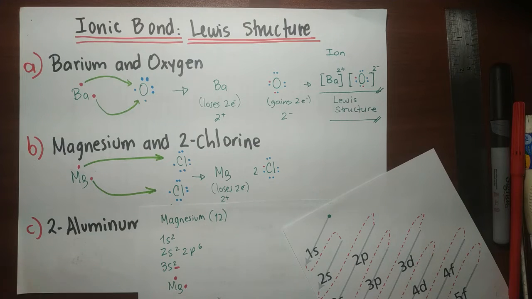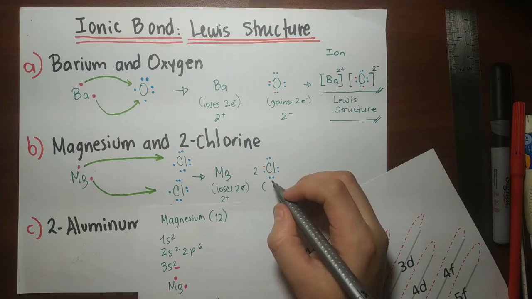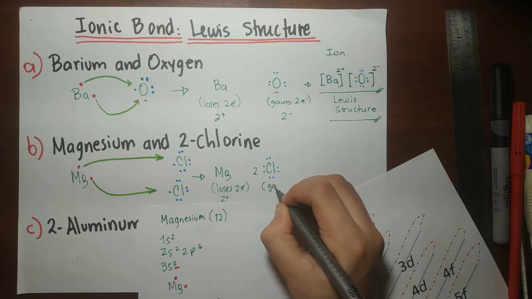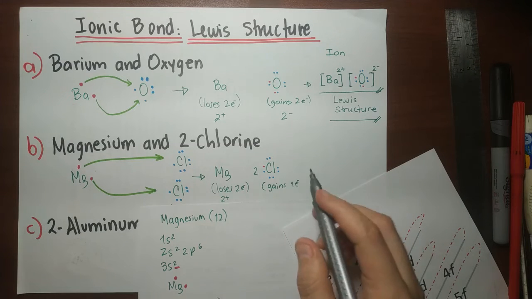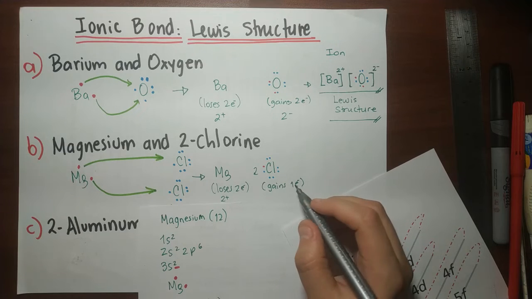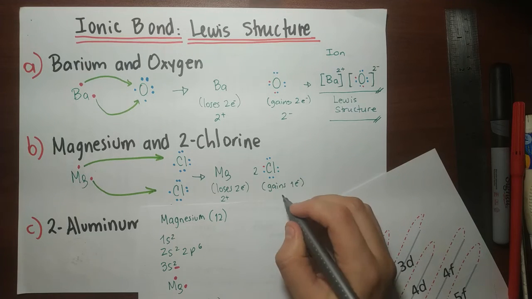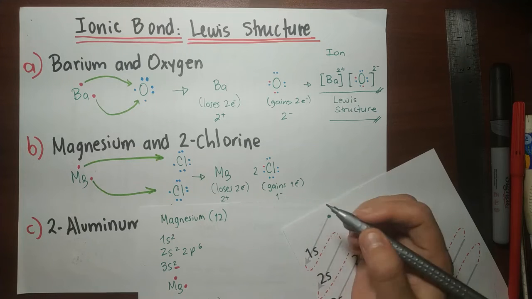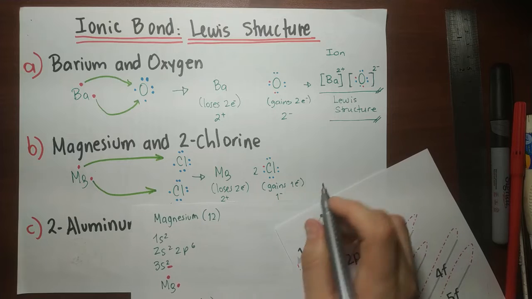So this means that chlorine gains 1 electron, okay? Each chlorine atom gains 1 electron. 2 times 1, it's 2. So the charge of chlorine is 1 minus. Each chlorine has a charge of 1 minus.